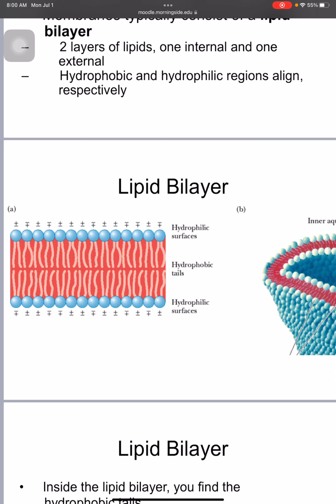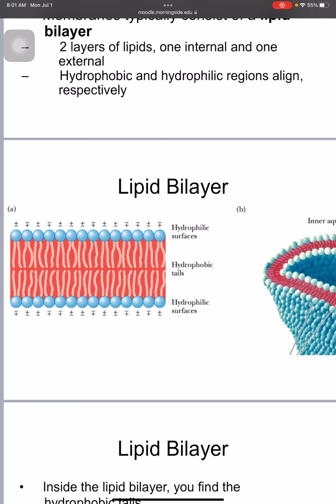So it's a bilayer because there are essentially two layers of lipids. One of them, let's say the top layer here, has the polar head groups pointed outside of the cell, right? And as we know, human beings are composed of mostly water, so this is going to be an aqueous environment. On the other side, the second layer, the one on the bottom, the polar head groups are pointed towards the inside of the cell. The inside of the cell is an aqueous environment as well, right? So both on the inside and the outside of the cell, you have an aqueous environment.